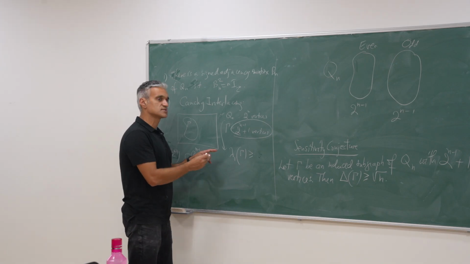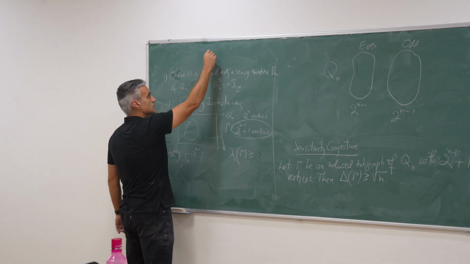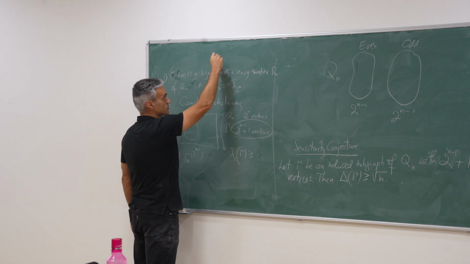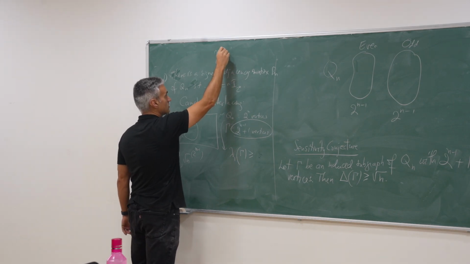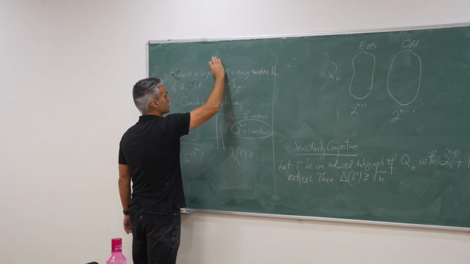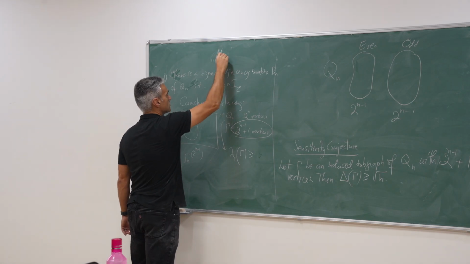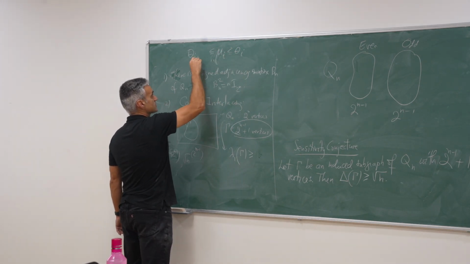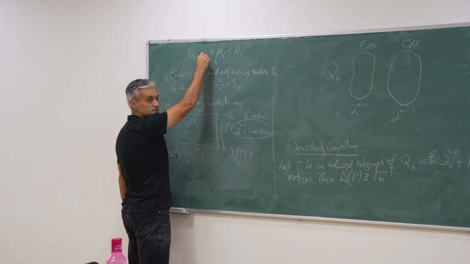Remember that we had this in our eigenvalue inequalities. We had something like mu_i is less than or equal to theta_i, which is greater or equal to theta_{i+n-m}.